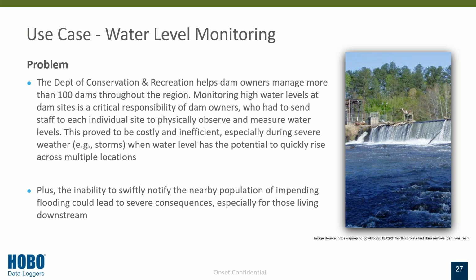This also poses an inability to act swiftly in notifying a nearby population, which could lead to severe consequences by having to wait for somebody to manually collect that data.